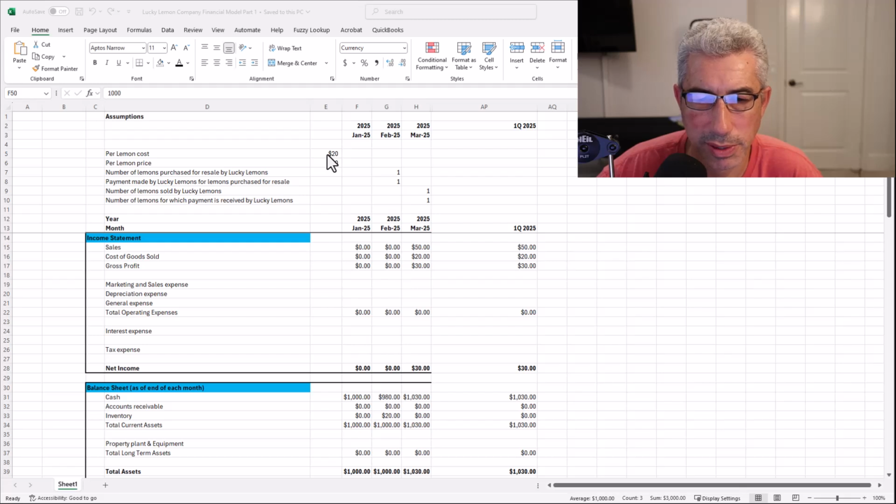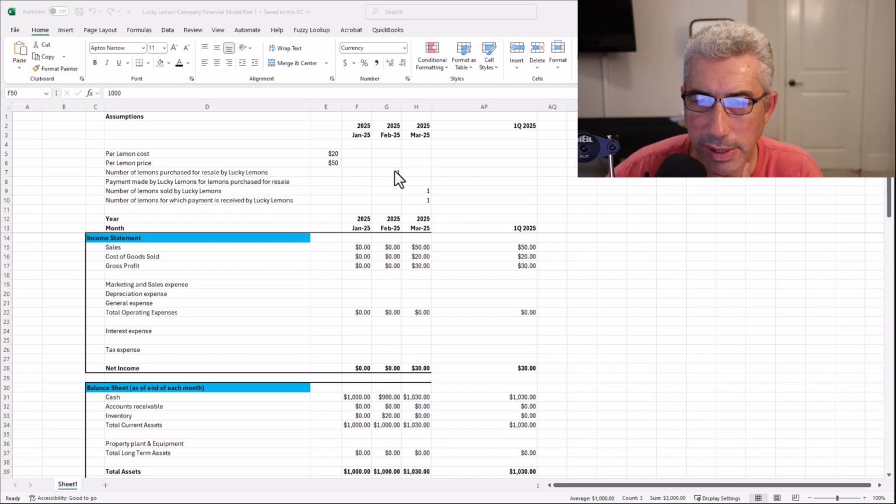The cost of a lemon here is $20, and the price that we have a lemon at is $50. And then we've got the assumptions here as to the number of lemons we purchase, and when payment is made for that purchased lemon, also the number of lemons sold, and when payment is received for that sold lemon.